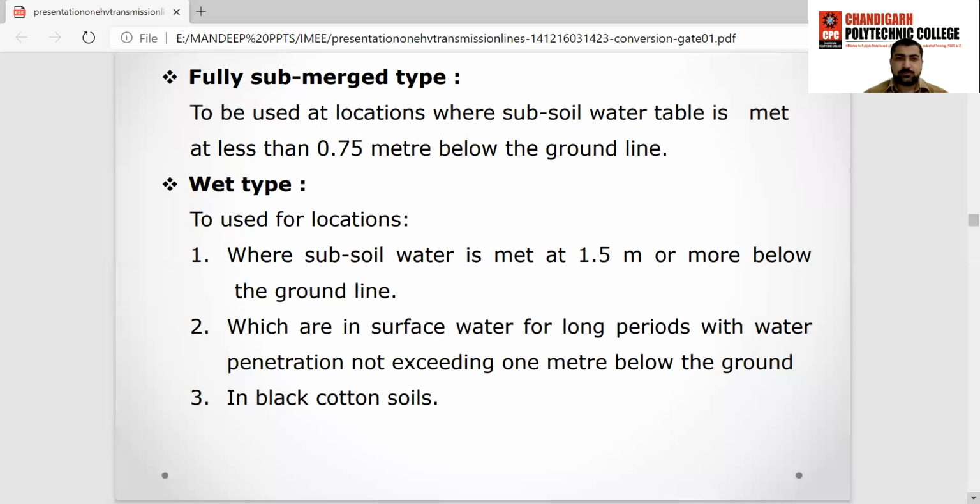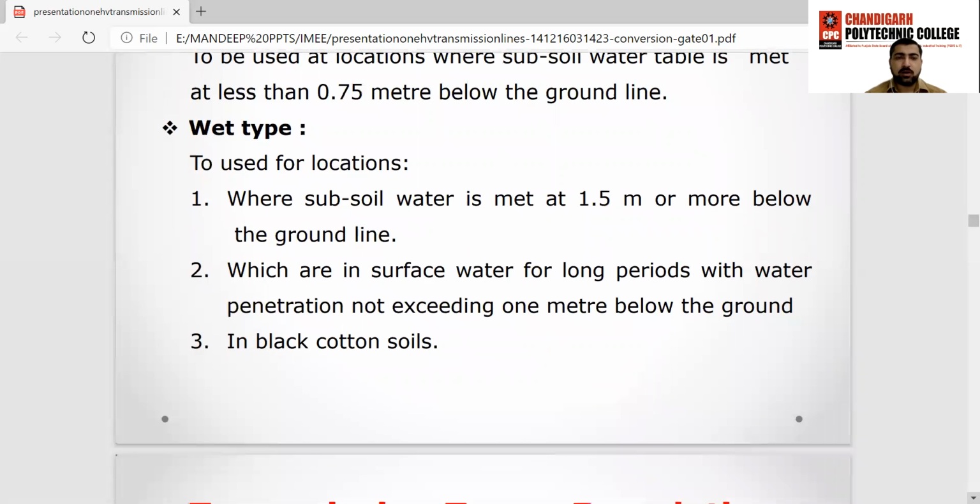It is to be used for locations where subsoil water is met at 1.5 meter or more below the ground line, which are in surface water for long periods with water penetration not exceeding 1 meter below the ground, or in black cotton soils.